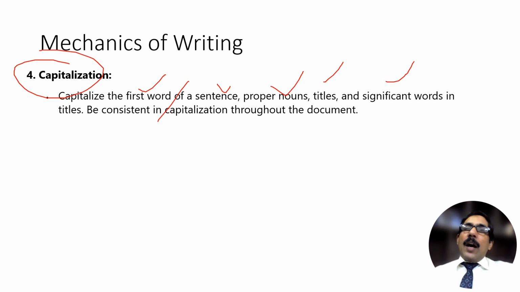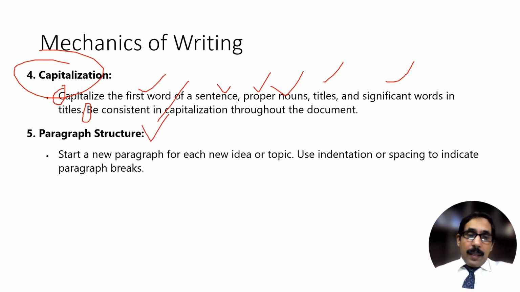Students write without taking care of capital letters. Be careful that the first letter of each sentence must be capital. If there is a proper noun, take care that its letter is capital. Or titles of different books, they must be capitalized. This is a very common mistake. Students make it. Grammatically, it's wrong.